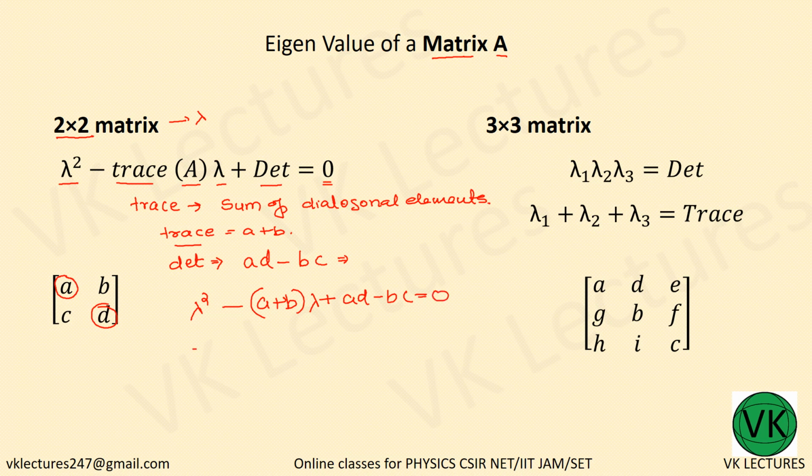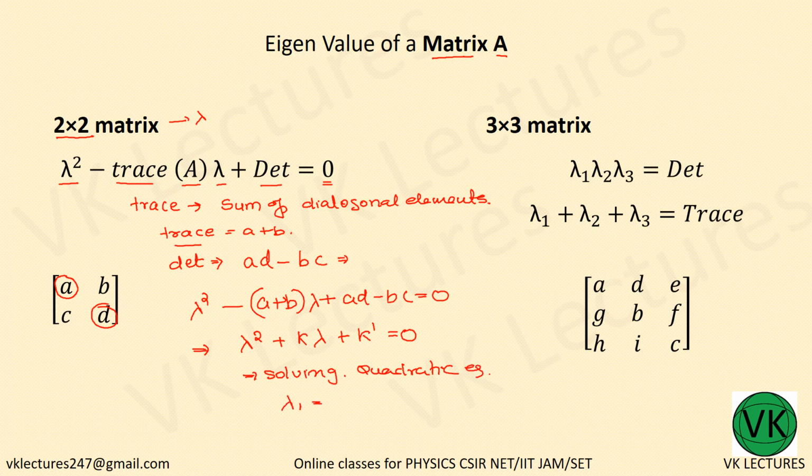By this you are going to get an equation in quadratic form, something like lambda square plus k lambda plus k dash equals 0. Now by solving this quadratic equation, you can solve for lambda.